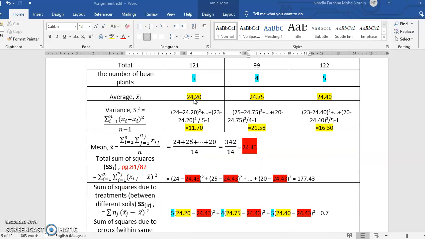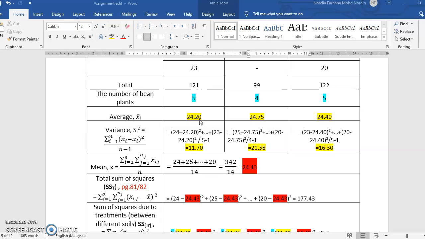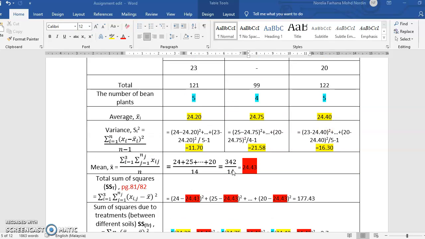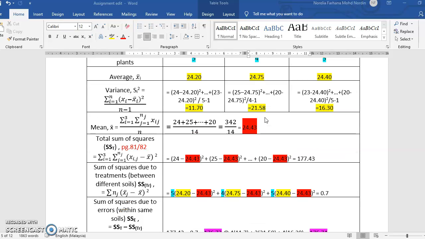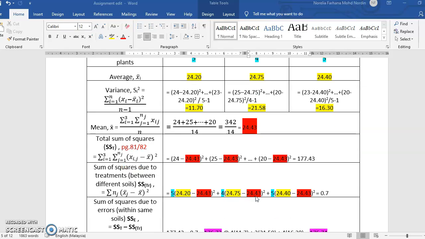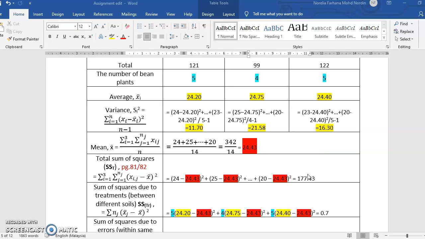For group 1, 5 times 24.20, the average within the group, minus 24.43, the overall mean, squared, plus 4, the number of samples from group 2, times 24.75, the average of group 2, minus 24.43 squared, plus 5 from group 3, times 24.40, the average of group 3, minus 24.43 squared.